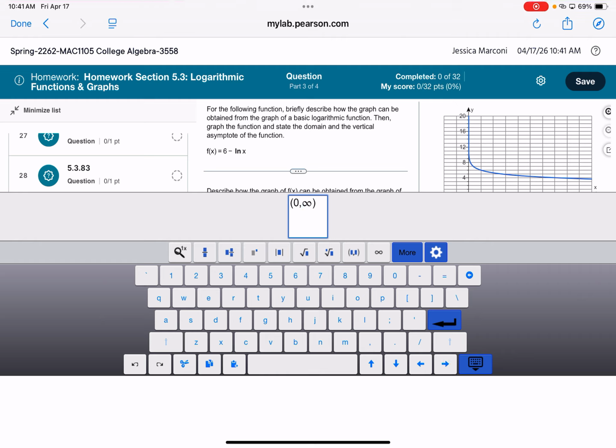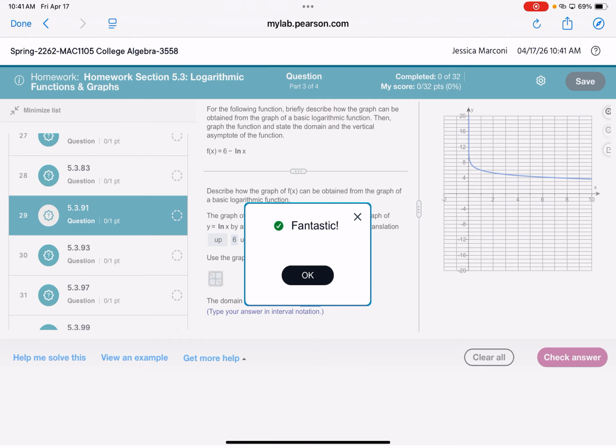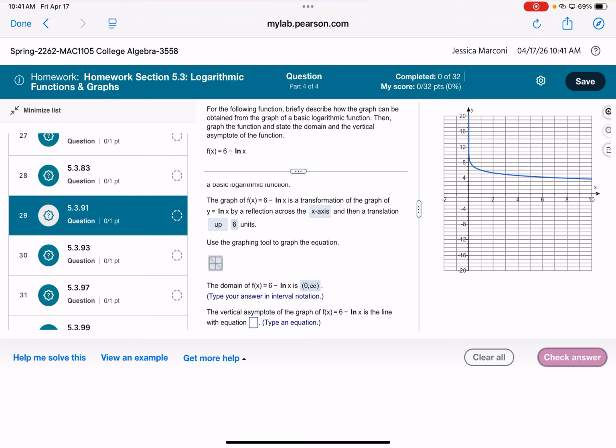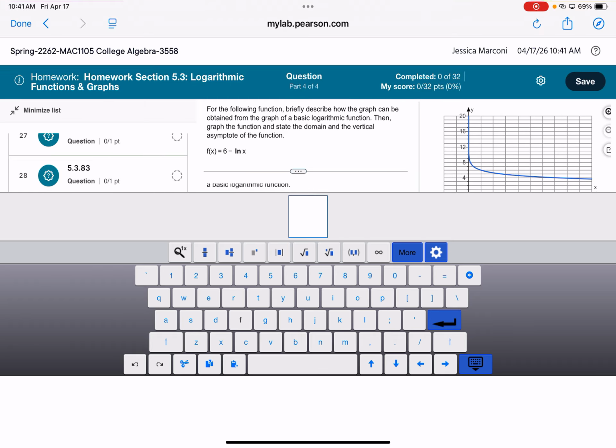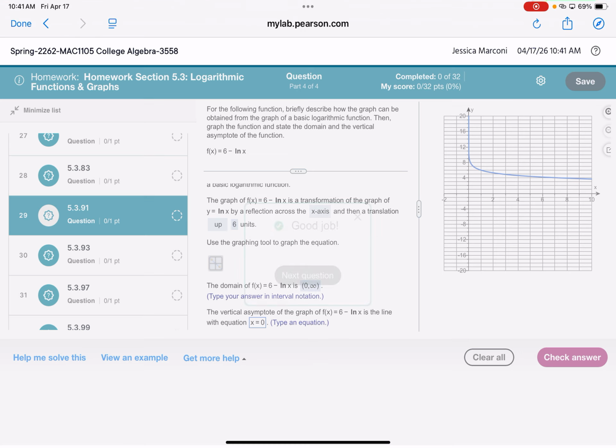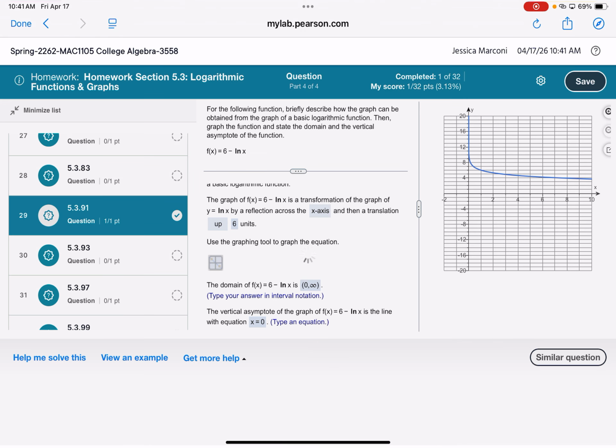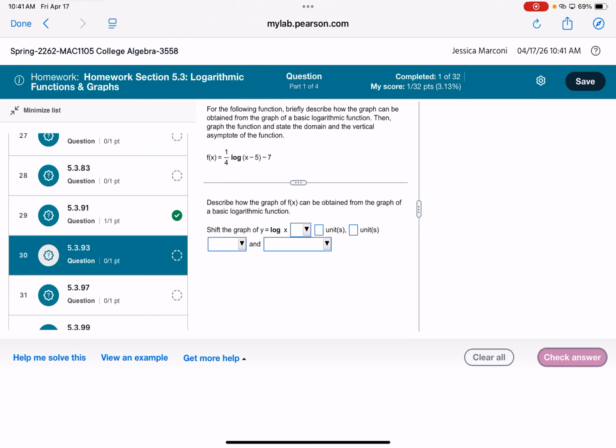Like that, with a parentheses on the 0 because it cannot equal 0. And then the vertical asymptote's not going to change either. That will still be x is equal to 0, because I didn't have any horizontal shift. Okay, let's do one more and we'll take a break.